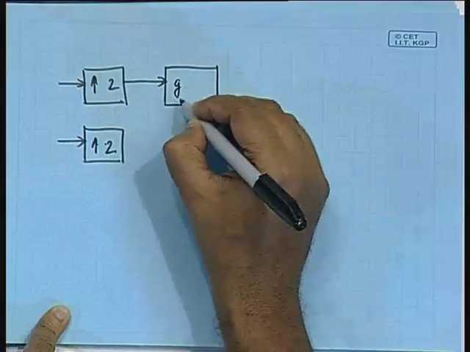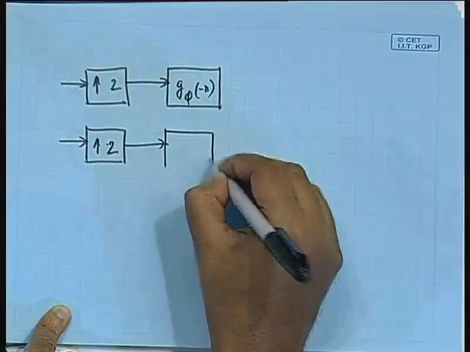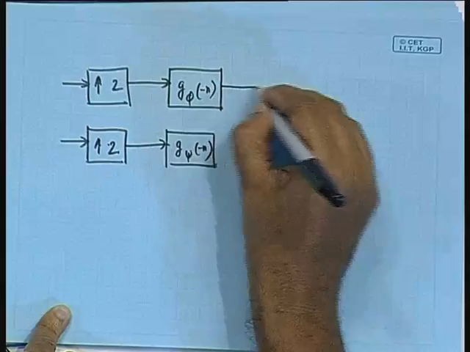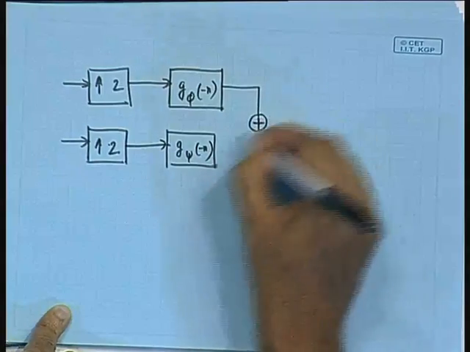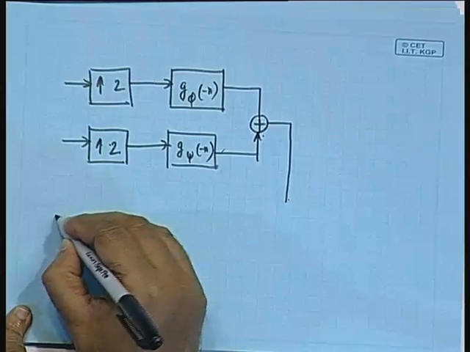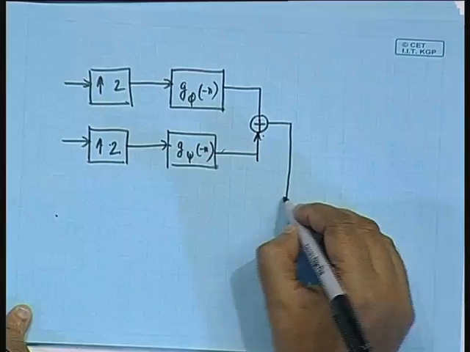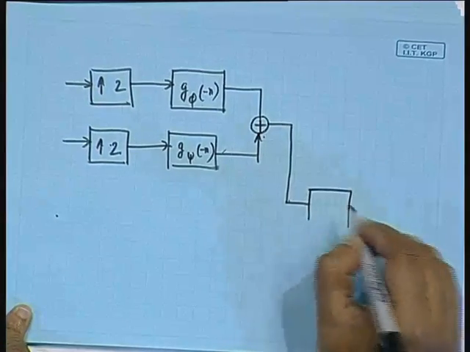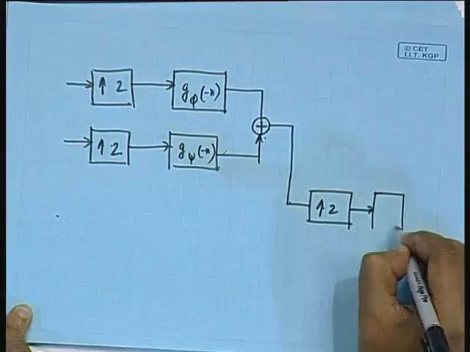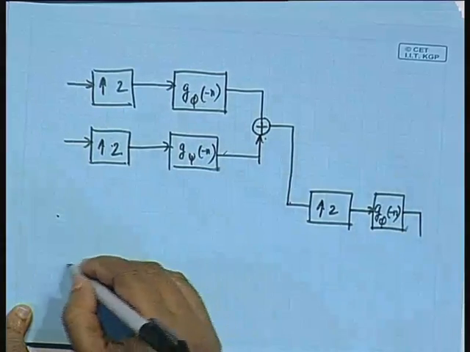Call that G phi of minus n, and this G psi of minus n, and then you just add up these two responses. Then you upsample this by 2, apply again G phi of minus n, and add up.